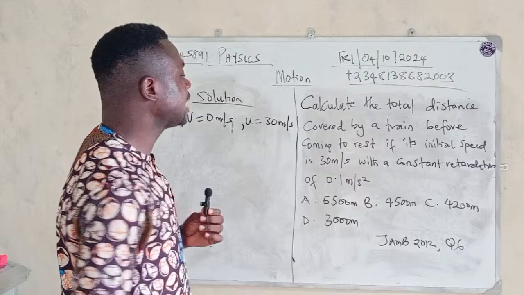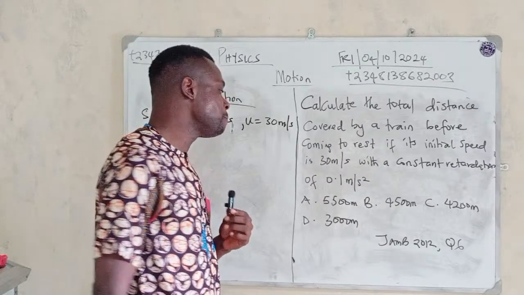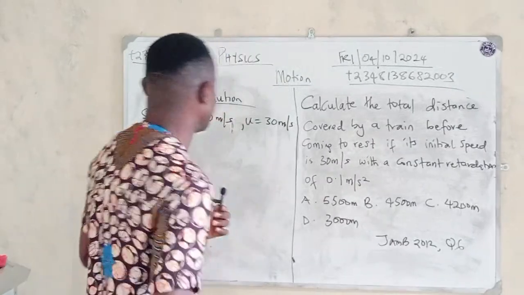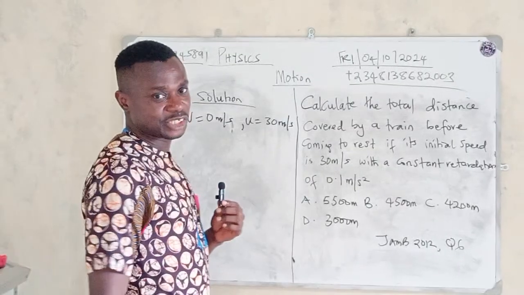With a constant retardation of 0.1 meter per second squared. Remember that retardation is negative acceleration.